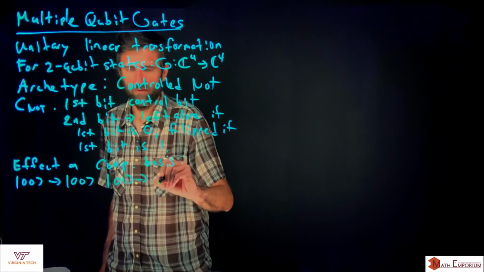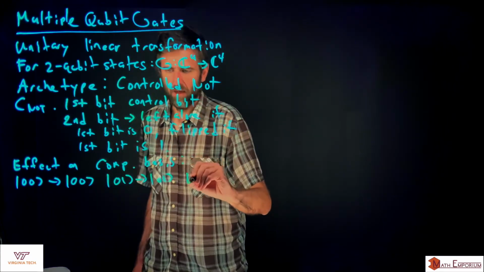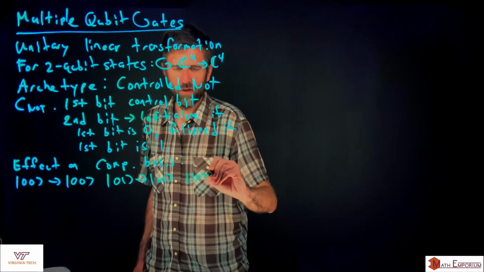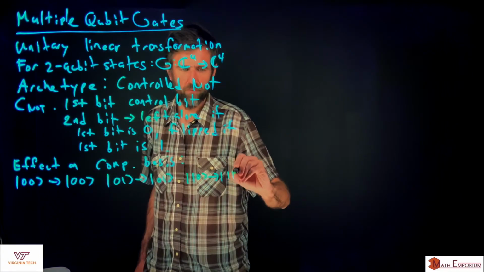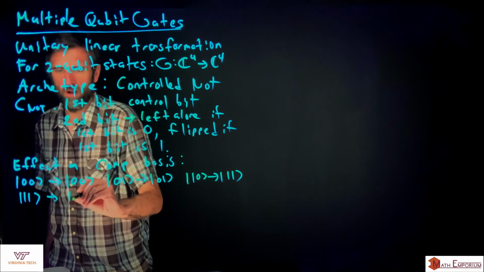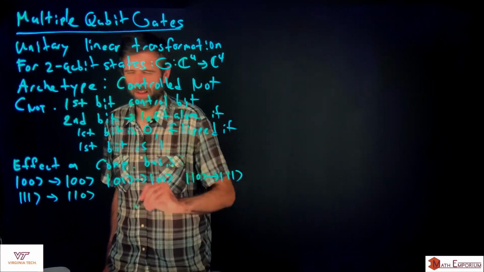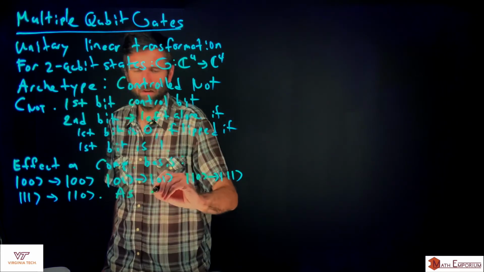So we would also leave 0, 1 alone. But then 1, 0 would flip that second bit, and 1, 1 would also flip that second bit.